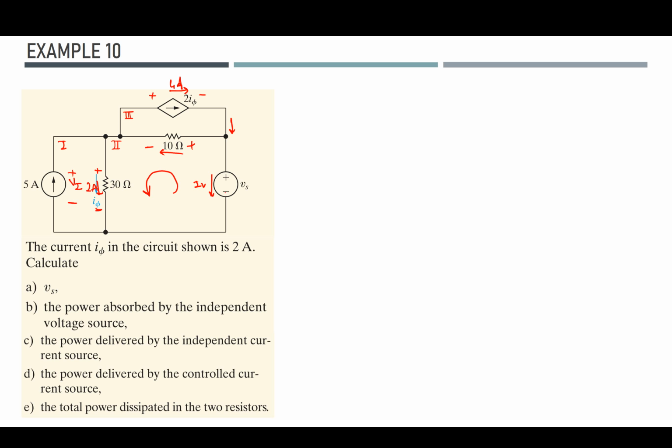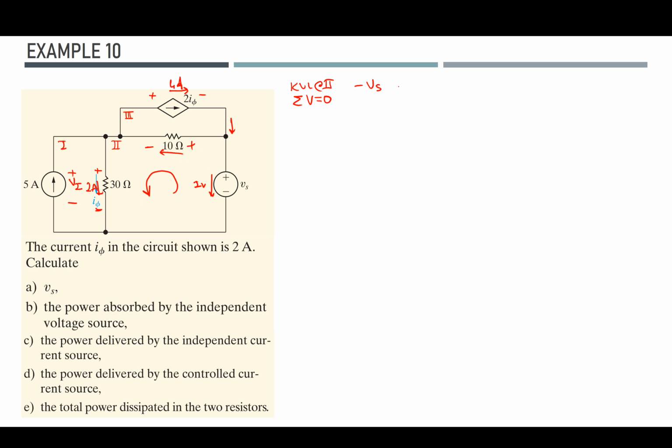Since I see the negative sign of my Vs, if I apply KVL around mesh 2, the sum of the voltage drops for all components should be equal to 0. I'm just applying Kirchhoff's voltage law. Minus Vs. Since I'm rotating in this direction, the 10 ohm resistor should have a positive value.